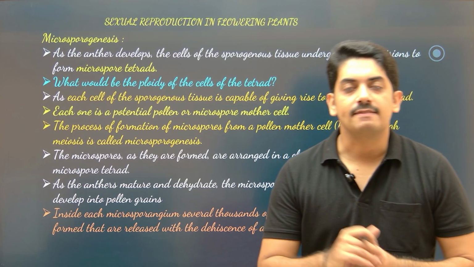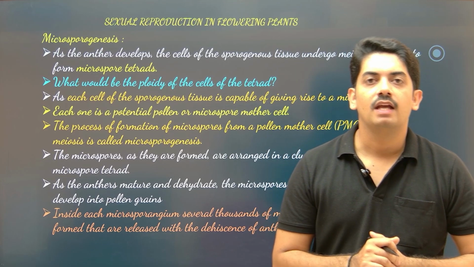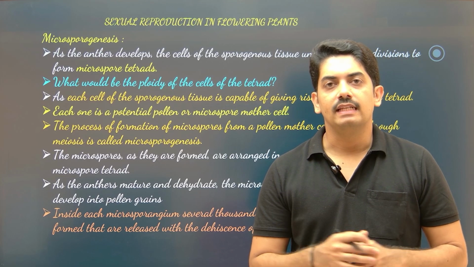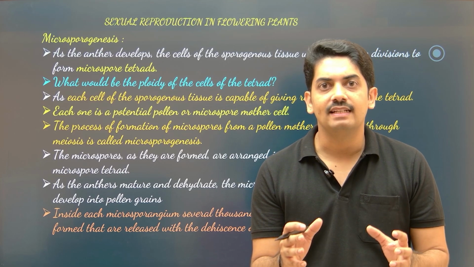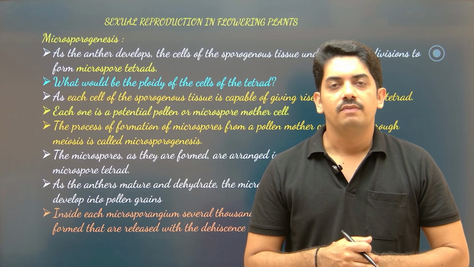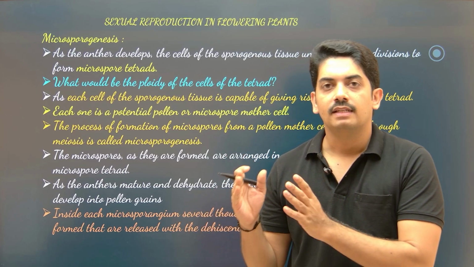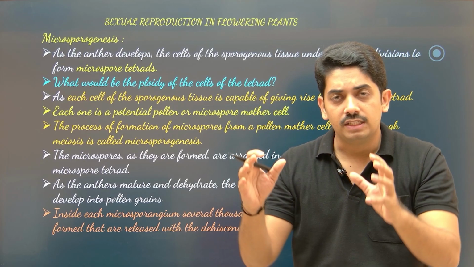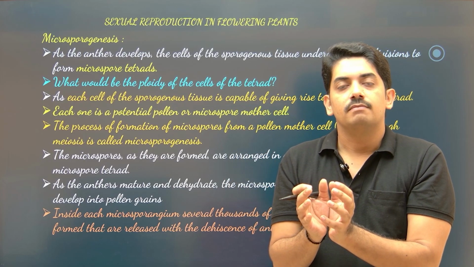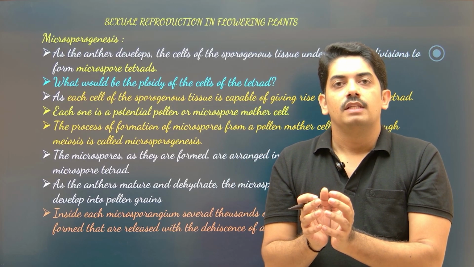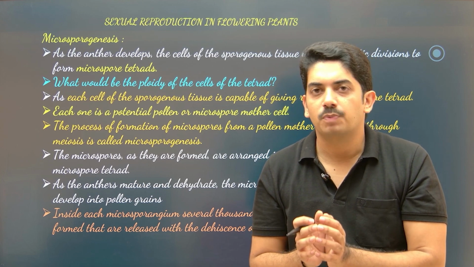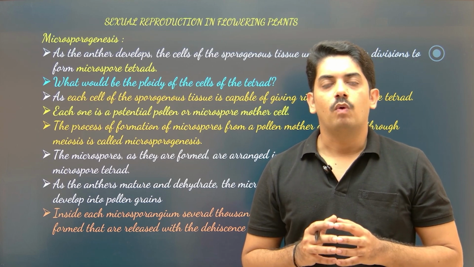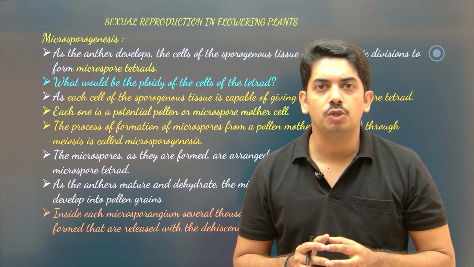Microsporogenesis is a very interesting process. So what happens here? This all takes place inside the anther. Okay, we studied epidermis, endothecium, middle layer, tapetum, and after reaching the center of this microsporangium, there is a group of tissue and they are called sporogenous tissue. What is the main role of this sporogenous tissue?